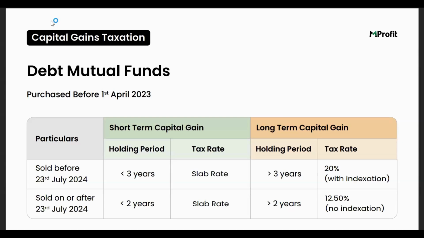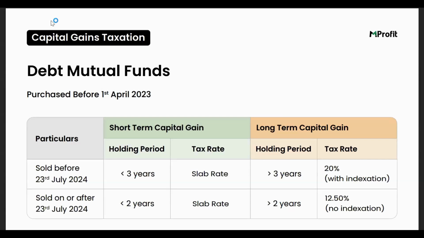If you are selling this before completion of 3 years, then it will be classified as short term and the tax rate will be as per your income tax slab. However, if you are selling it post completion of 3 years, but before 23rd of July 2024, it will be classified as long term and the tax rate will be 20% with indexation benefit provided.